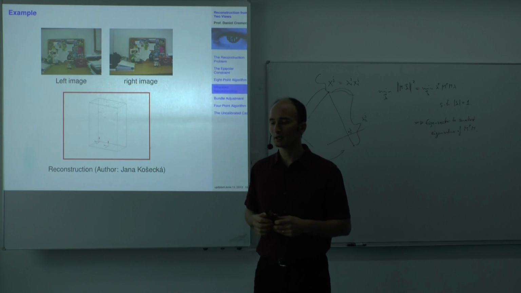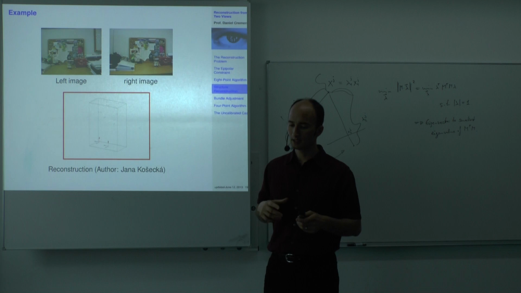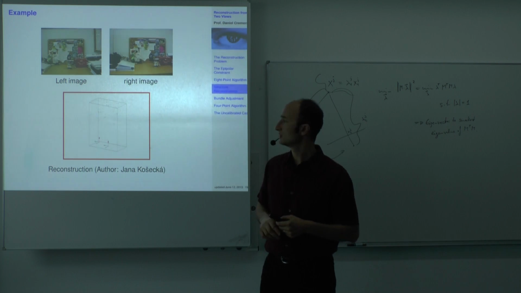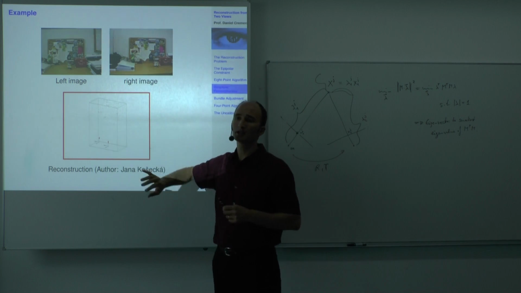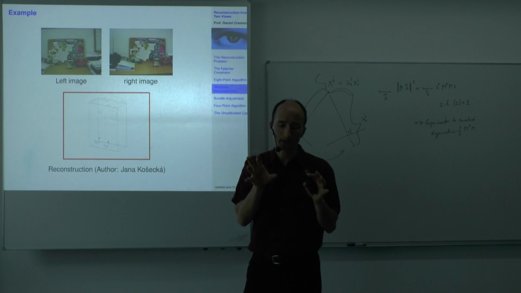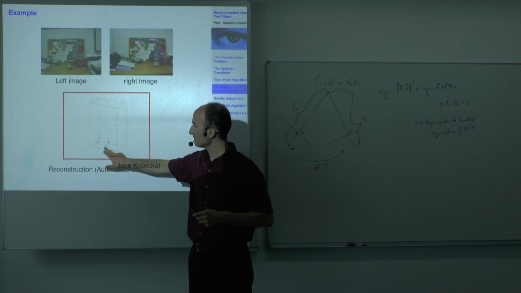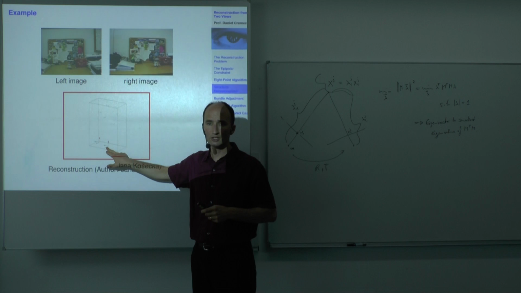The way things are done today is usually that you apply a kind of pipeline of algorithms, where you would start with linear algebra techniques, maybe to get an initial estimate, maybe to get the camera transformation.